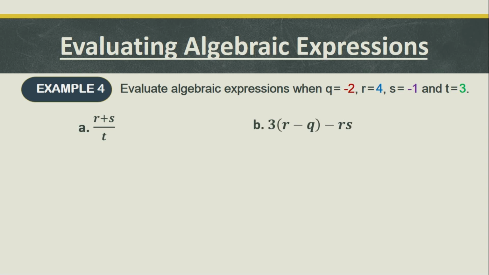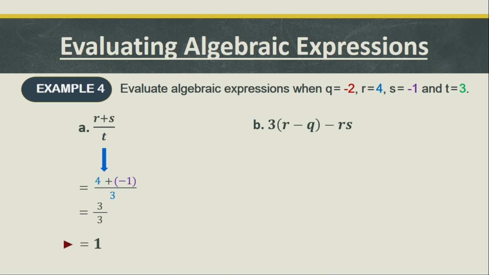Let's take the first example, r plus s over t. Substituting the value of r, s, and t equals 4 plus negative 1 all over 3. Simplifying 4 plus negative 1, the answer is positive 3. So this is equal to 3 over 3. And by dividing, 3 divided by 3 equals 1.